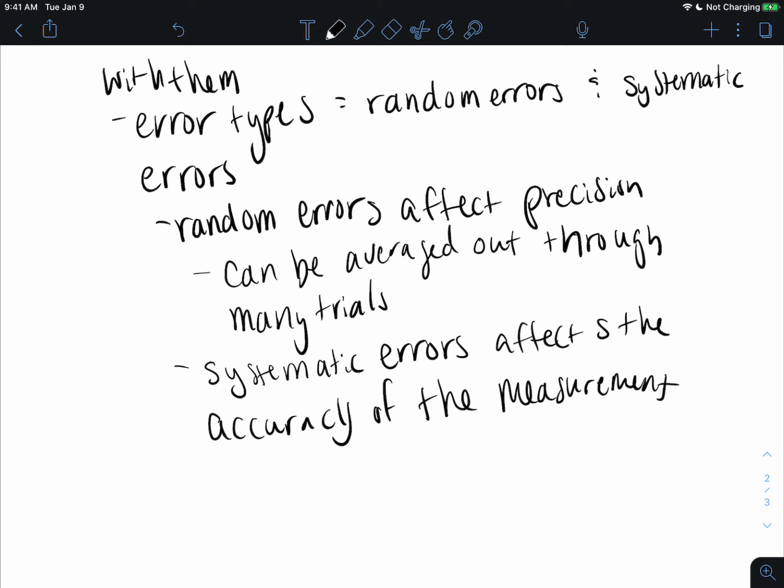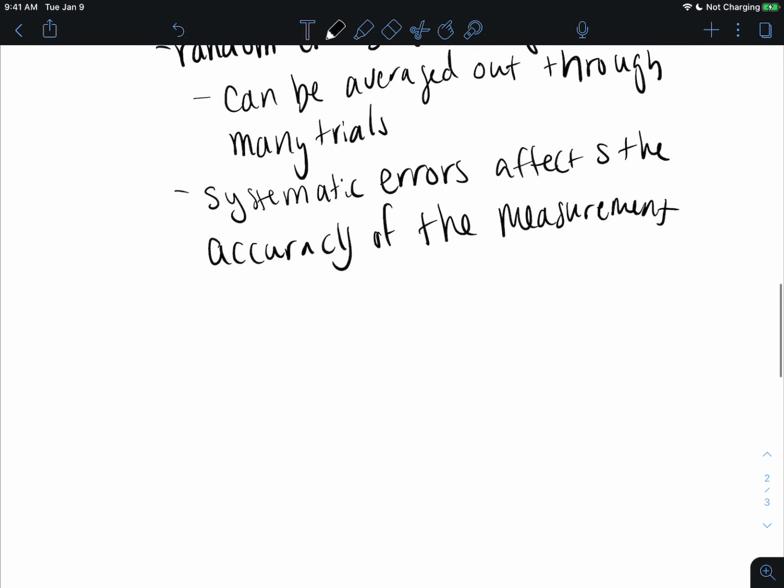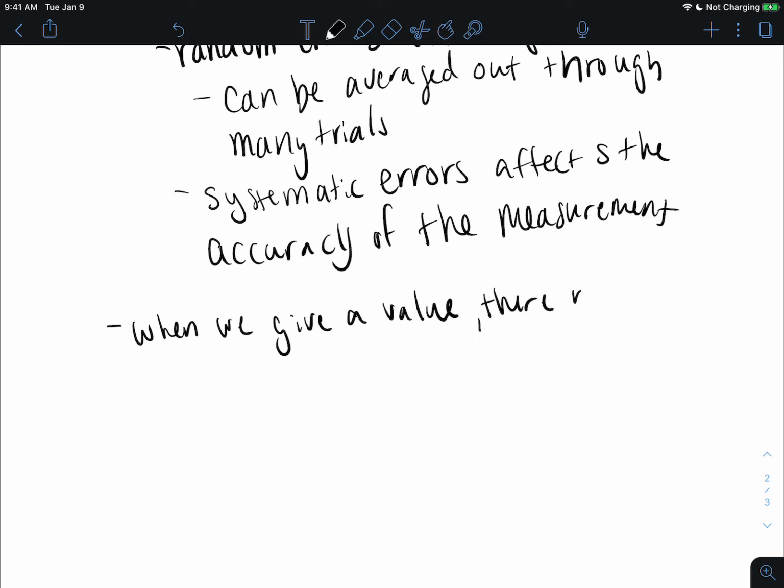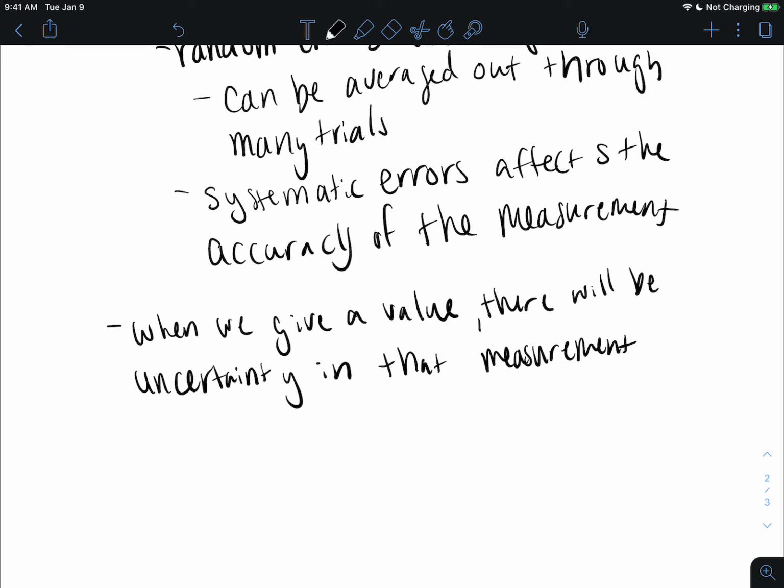Because of that, we need to take that into account when we are expressing measurements. We have to understand that most measurements are not going to have an exact value, right? So when we give a measurement, there will be uncertainty in that measurement because of these errors.